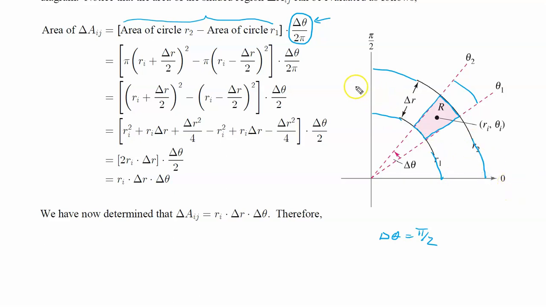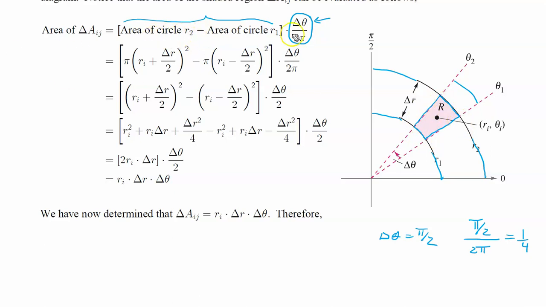Okay, so that's 1/4 of the entire annular region going all the way around. And you notice if we evaluate pi over 2 divided by 2 pi, we get 1/4. So if we multiply this area by delta theta over 2 pi, that will give us exactly what we want, the area of this shaded region right here.